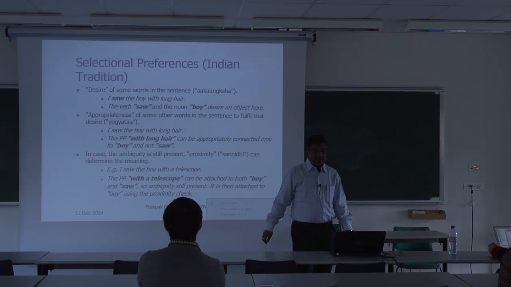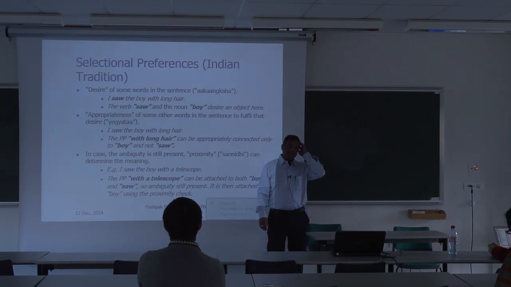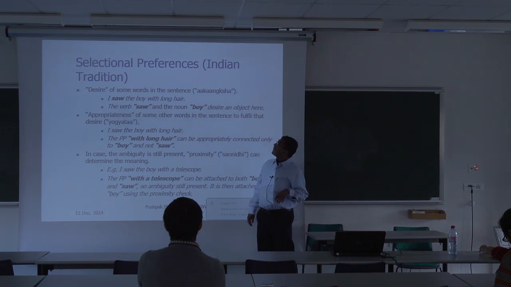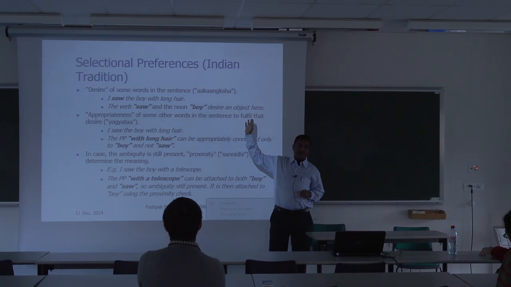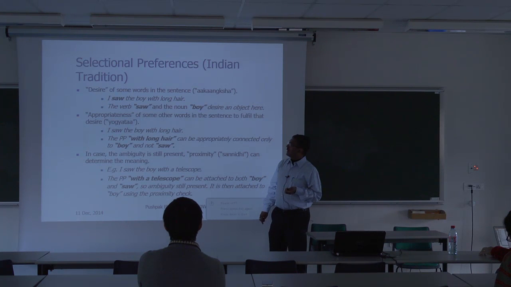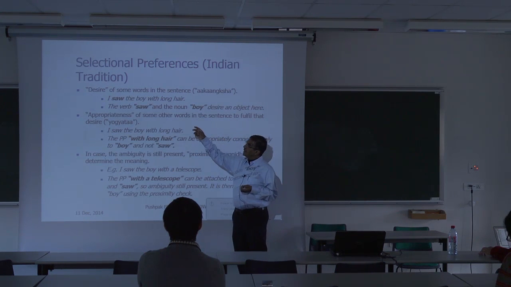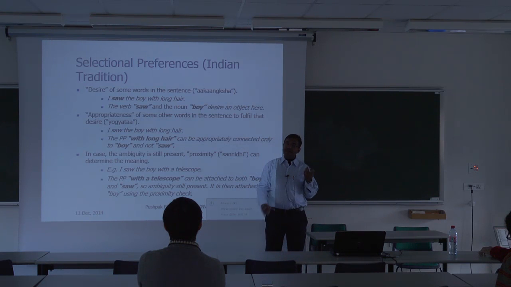The next important notion is that of selectional preference. In the Indian linguistic tradition, since the days of Panini, about 2000 years old, what was recognized is that there are some words which can be called desire words. These words have desire.